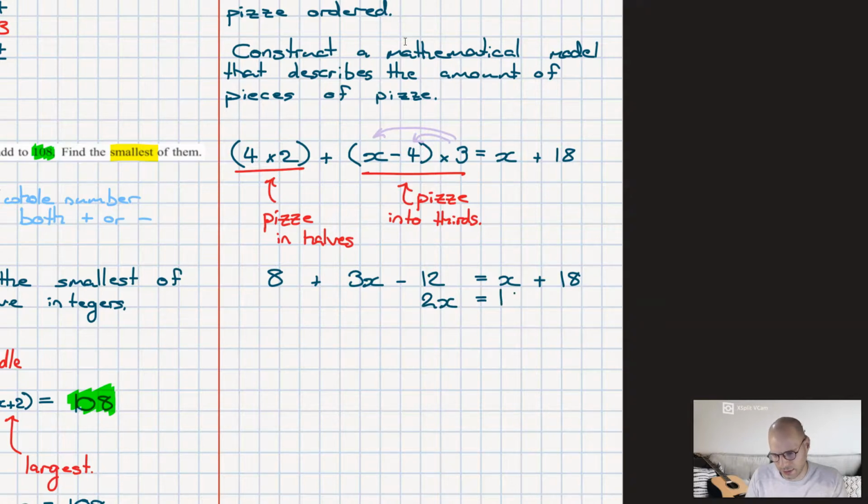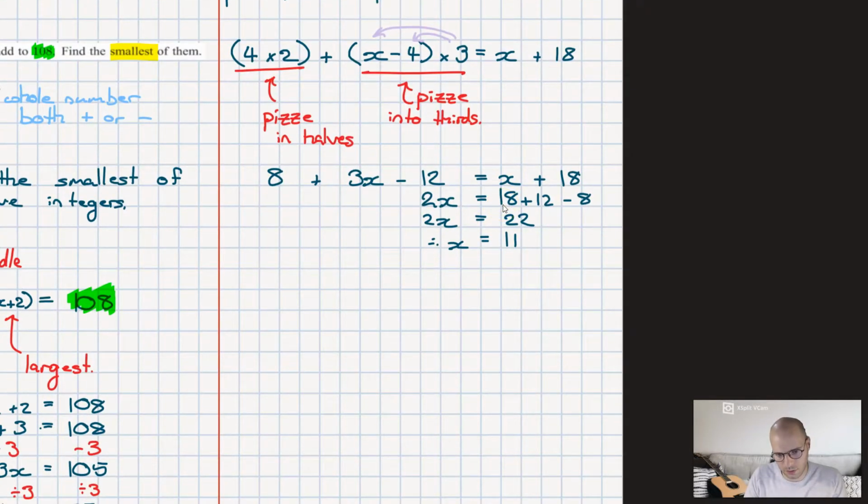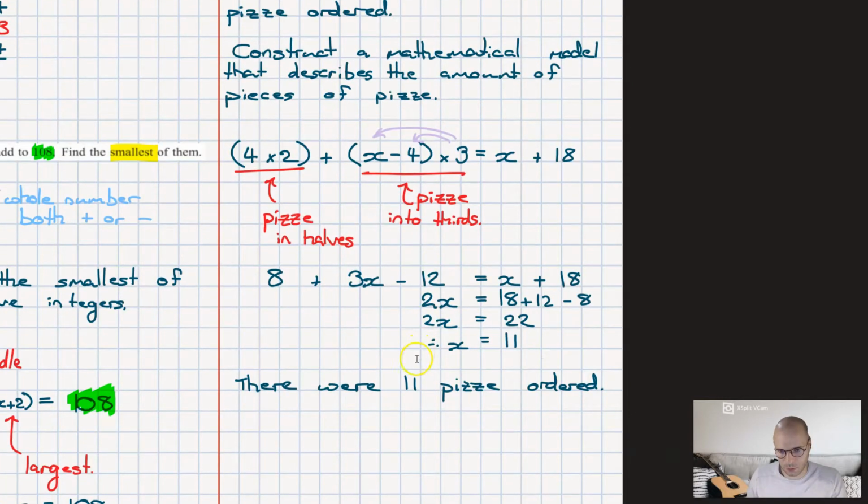Then we're going to get 18 plus 12 minus 8. Collecting like terms, we're going to get 30 minus 8, which will be 22. And then solving for x, we're going to get x is equal to 11. So therefore, there were 11 pizzas ordered. So this would be the solution to our problem here.